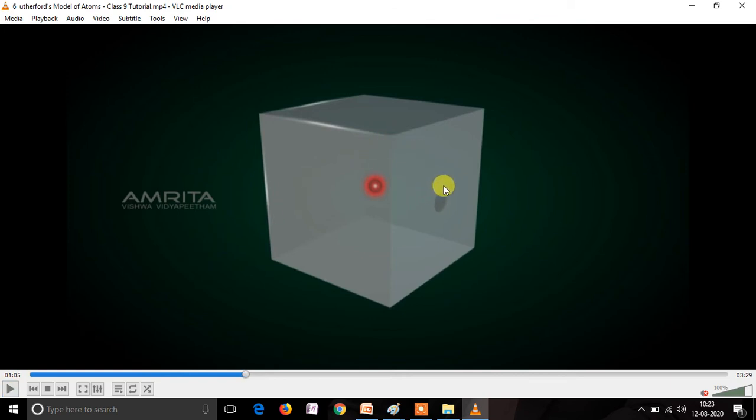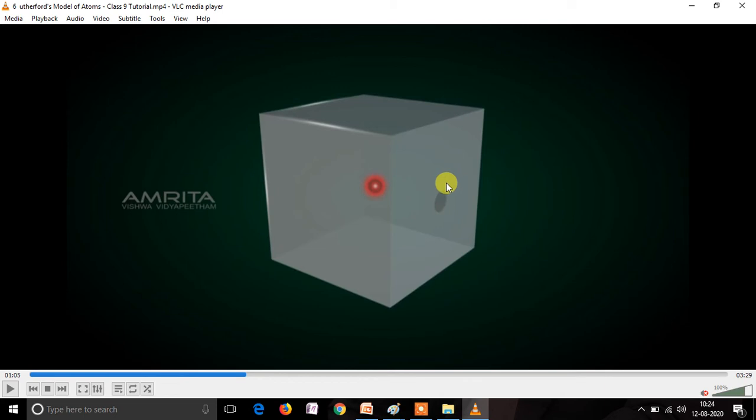This lead box has a small hole in it through which the alpha particles, which are moving in a zigzag manner inside the lead box, come out.